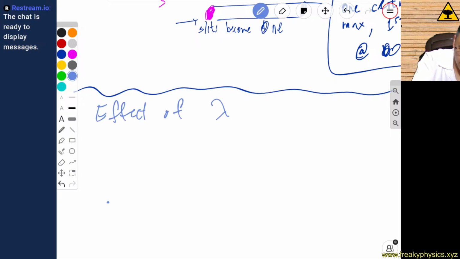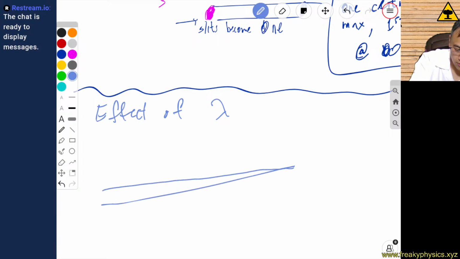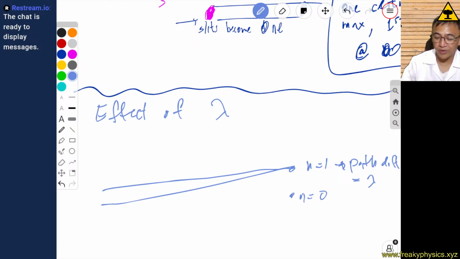Now remember that here at the first maximum, so let's say that this is n equals 0 and n equals 1, the path difference is equal to 1 wavelength.